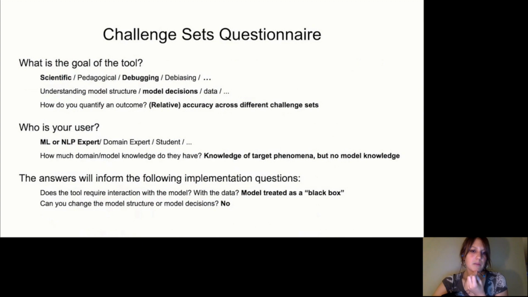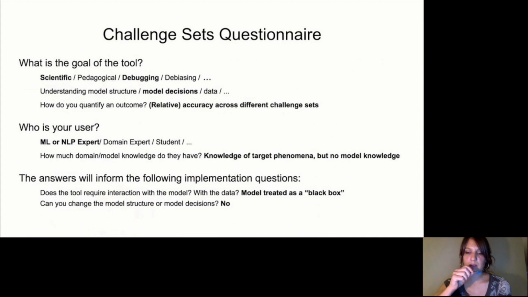Who are the users? We're typically machine learning or NLP experts, so we're trying to understand the models and where they fail. But like I said, this is really in the spirit of the black box phenomena. So there's really no expectation that people who are developing challenge sets and running evaluations using them have any deep understanding of the models themselves.